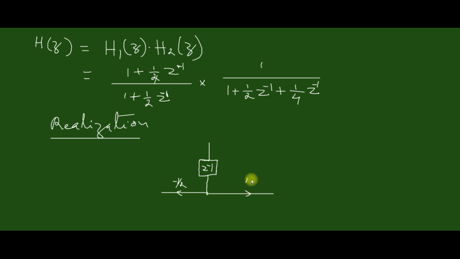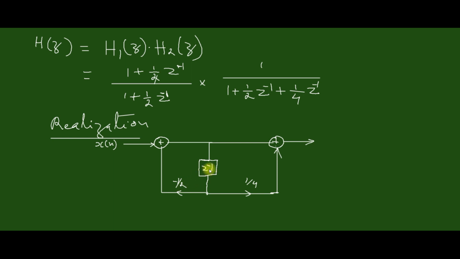So this side we have 1 by 4, then the summing point, and the input here as x of n. This is the H1 of z.